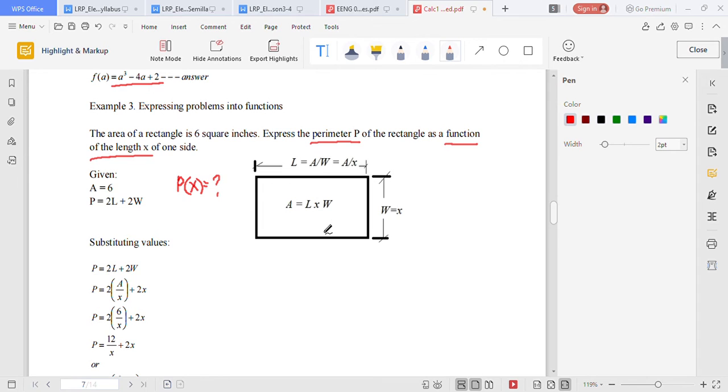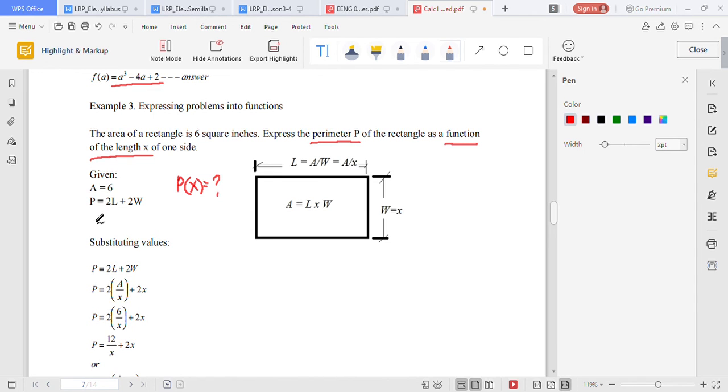So we can transform L into a function of the other side: we have A over W, and W equals x, and thus we have A over x. But we are going to find the perimeter as a function of the length of one side, so we are going to find P of x.